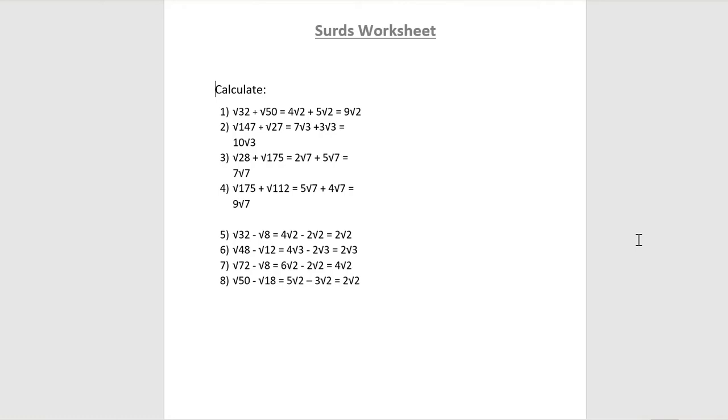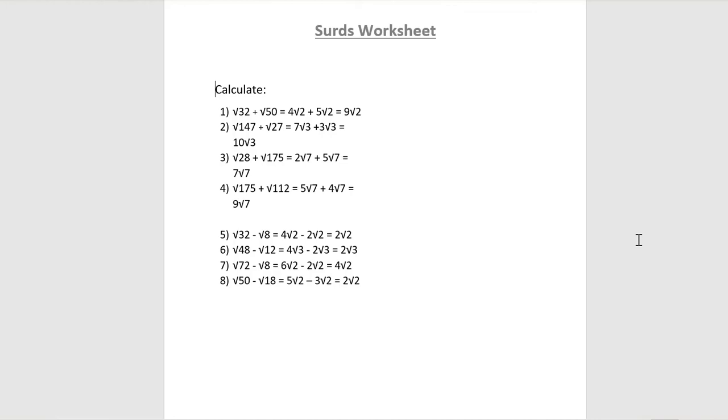We then have root 175 plus root 112. This is equal to 5 root 7 plus 4 root 7, giving our final answer as 9 root 7. We next have root 32 minus root 8. This is 4 root 2 minus 2 root 2, and that gives us 2 root 2.